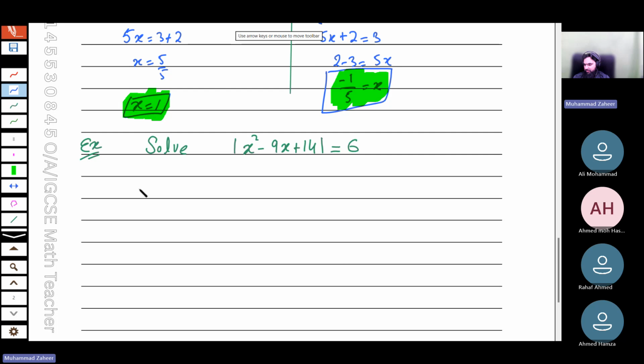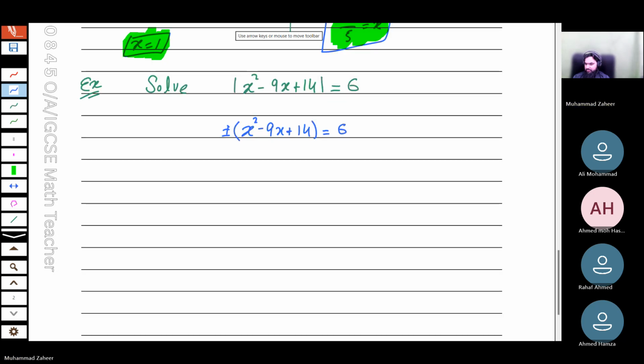You have to write it with the positive value and negative value. It will become x squared minus 9x plus 14 is equal to 6. So write with the positive value: x squared minus 9x plus 14 is equal to 6. In the same way, you have to write this value with a negative sign, that is x squared minus 9x plus 14, it's a negative value, is equal to 6.